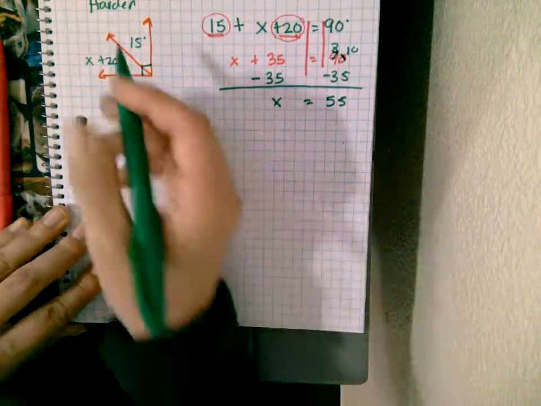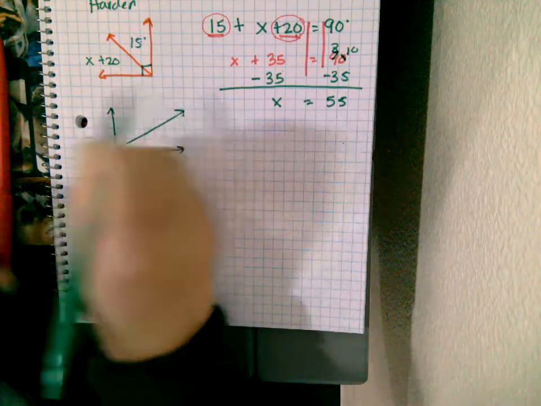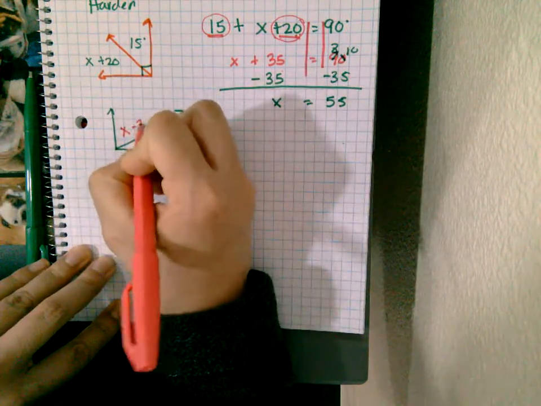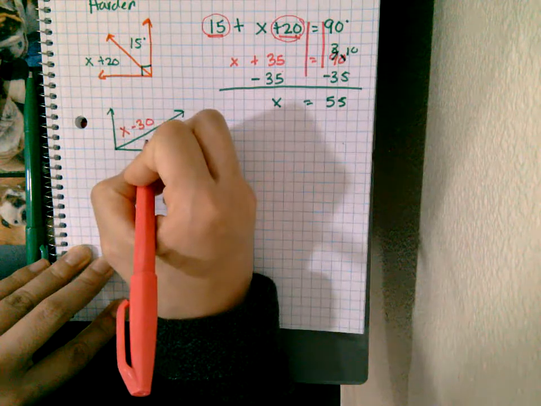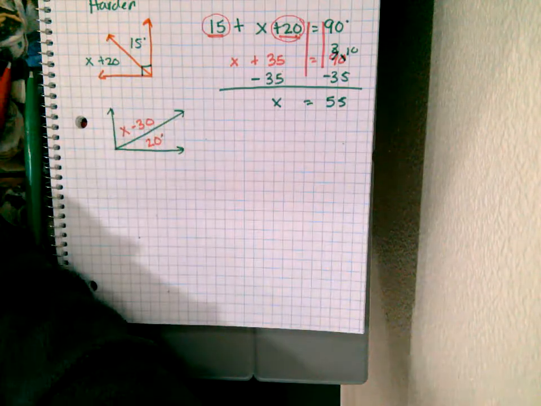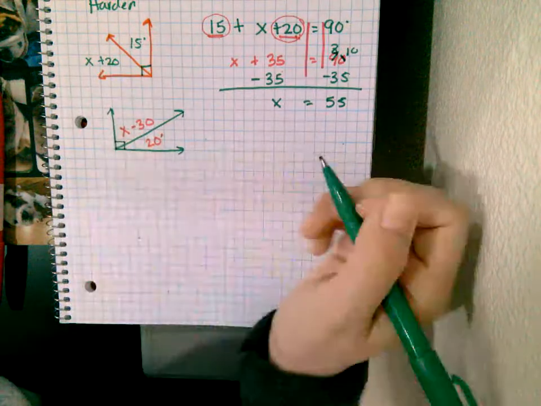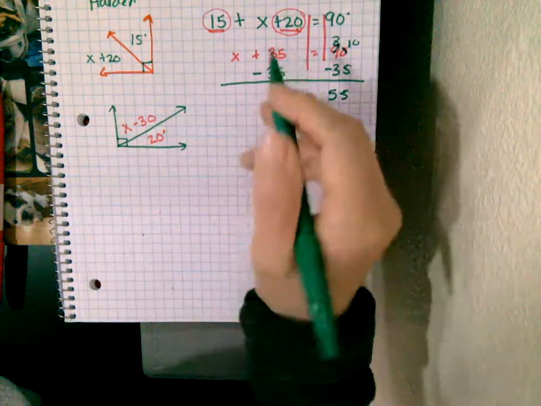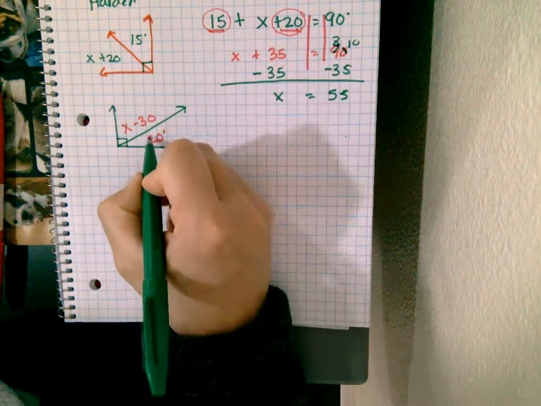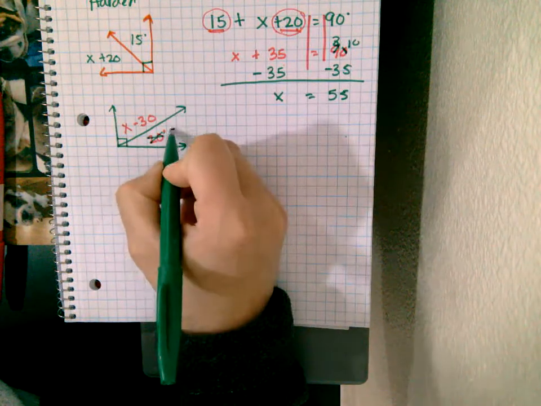Okay. Let's do another one like this. What if I have x minus 30 and this one is 20 degrees?